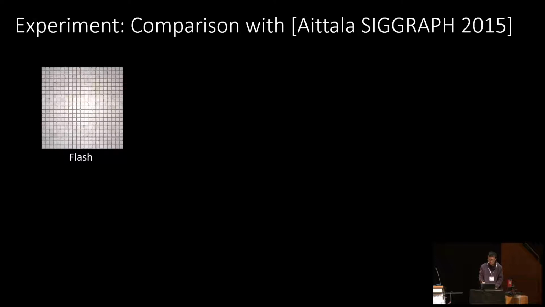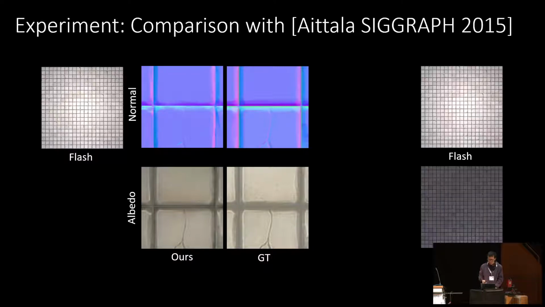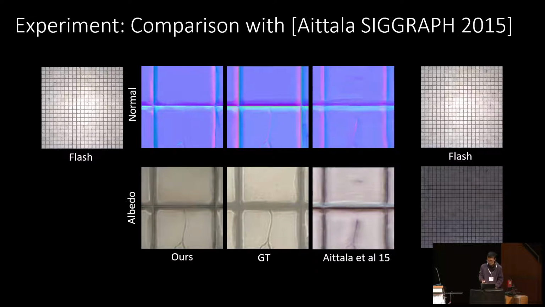Now we compare our method with the previous two-shot BRDF reconstruction method. Given a single image illuminated by the flashlight, our method can reconstruct BRDF parameters of the input image very similar to the ground truth. While for the two-shot method, an extra guidance image under ambient lighting is needed for BRDF reconstruction.